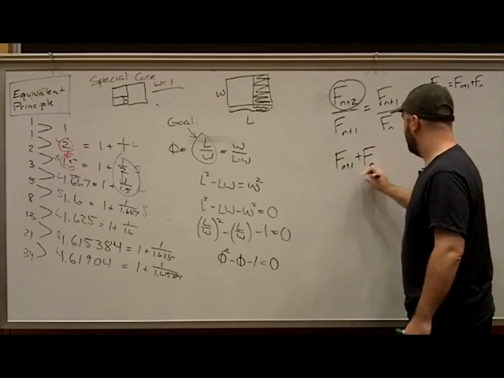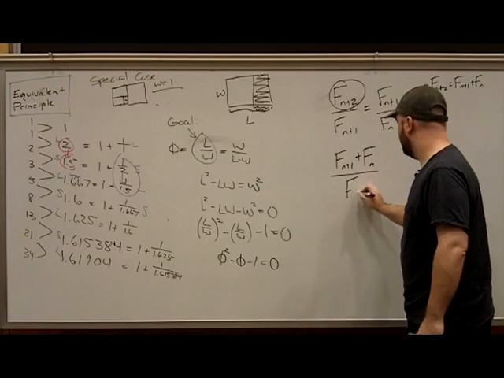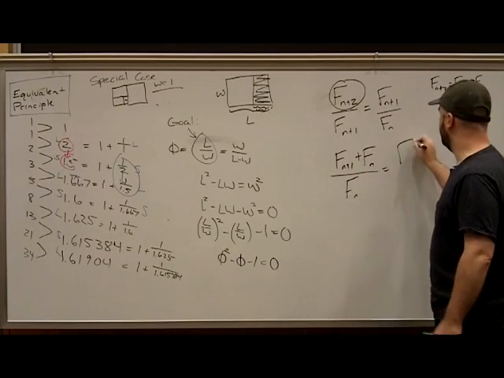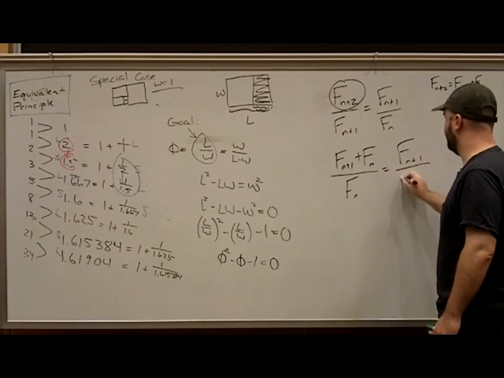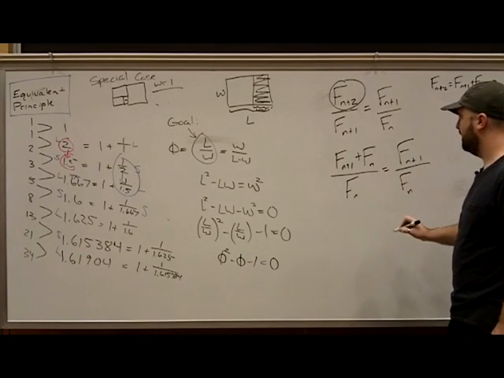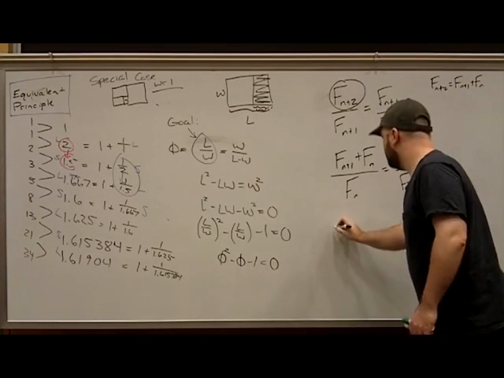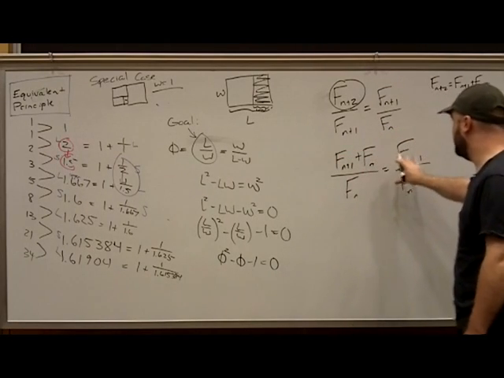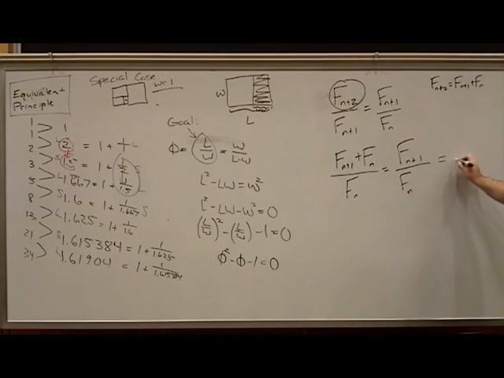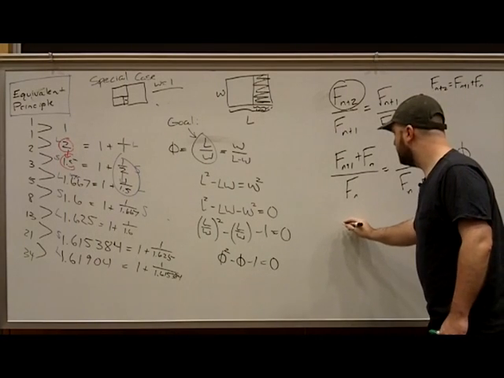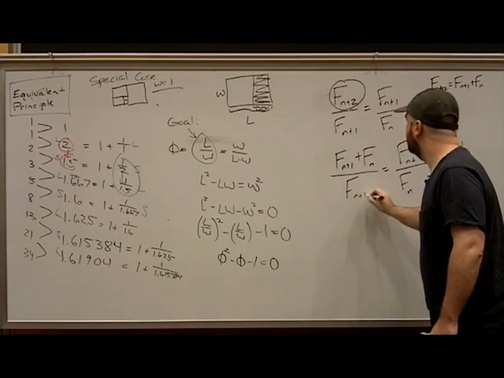And we've got fn plus 1 plus fn over fn, and that's equal to fn plus 1 over fn. So for fn plus 1 is the first fraction here. For the first fraction, isn't it over fn plus 1? Excuse me, thank you.